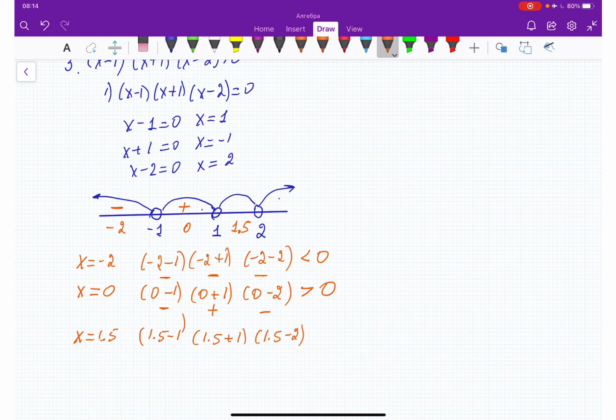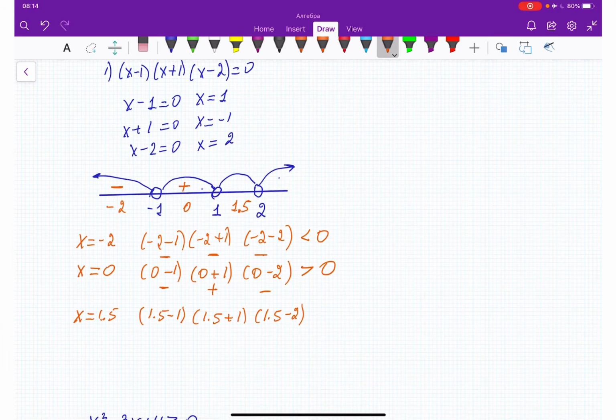How much do we get here? Let's see. This is going to be positive. This is going to be positive. This is going to be negative. And the result is going to be less than 0. Okay, this is negative, less than 0.